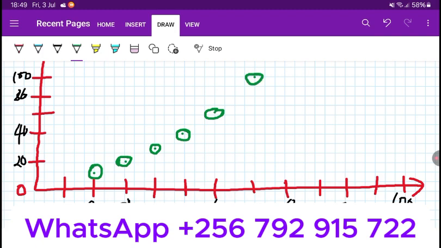Now we join the points. First of all, we join the points with a smooth line, not with a ruler. Just draw the line like that.